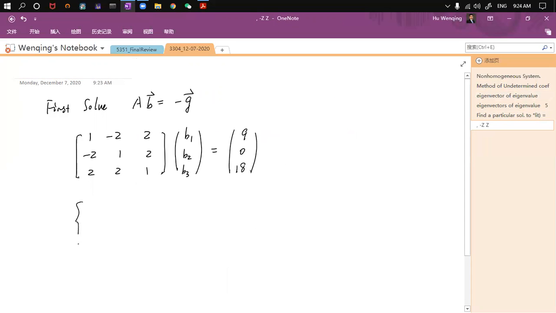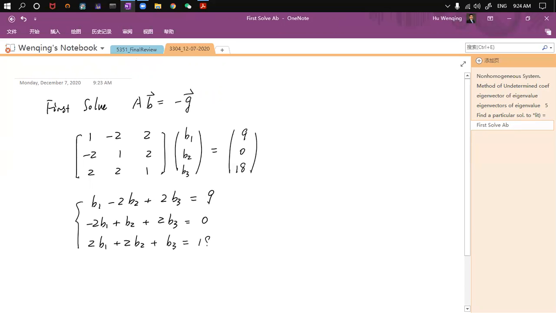So you're going to have another system of linear equations: b1 minus 2 times b2 plus 2 times b3 is equal to 9, minus b1 plus b2 plus 2 times b3 is equal to 0, and 2 times b1 plus 2 times b2 plus b3 is equal to 18.